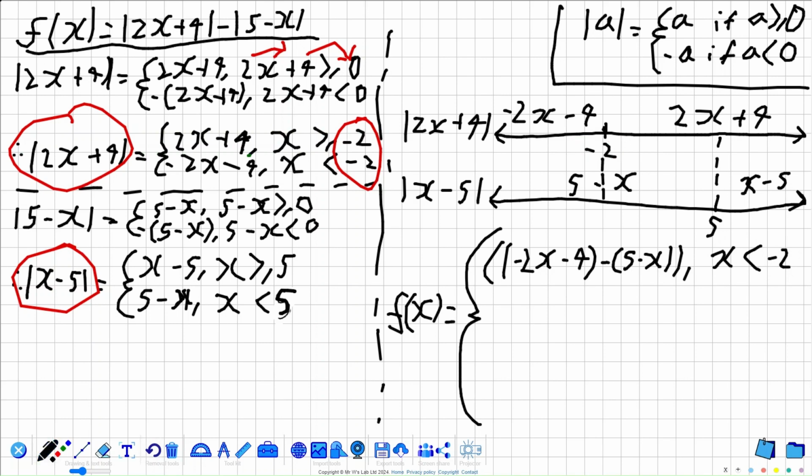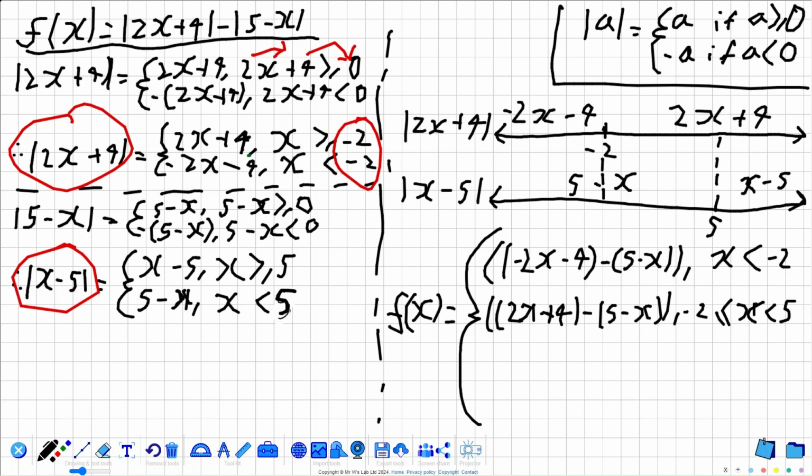And then we can do the same for the center column. So we've got, well actually we'll start with the first one, 2x plus 4, and then we've got minus the 5 minus x, and then that's for the range between negative 2 more than and equal to x, which is less than 5.